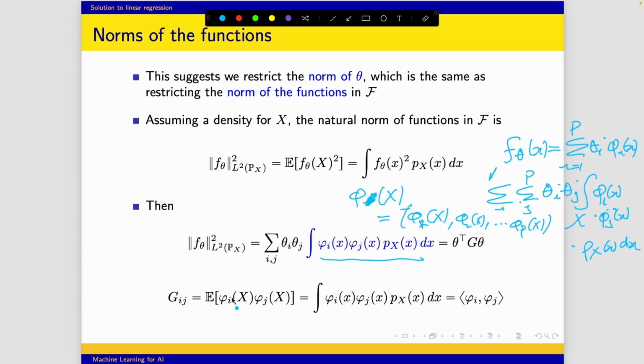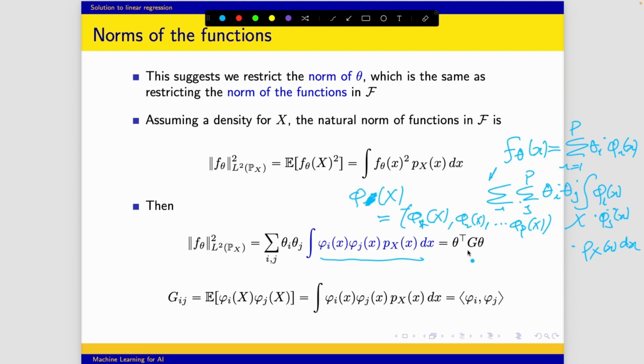And this is measuring the expected value of the ith one of these times the jth one, which is a correlation, an uncentered correlation, right? And according to the definition of our inner product, this is also equal to the inner product of psi i with psi j.